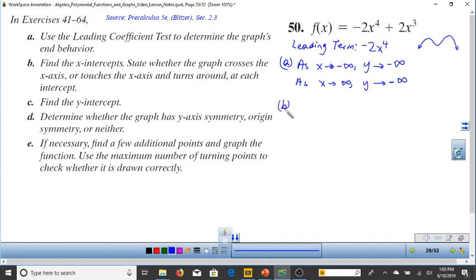So for part B now, we're going to do some factoring. f of x is equal to negative 2x cubed times x minus 1 inside the parentheses. Then we'll see that the zeros of this polynomial are at 0 and 1.